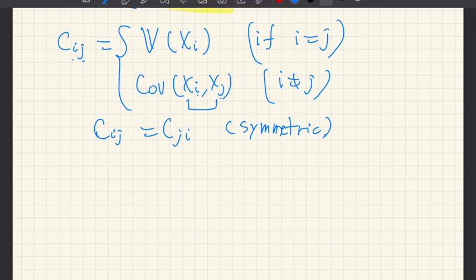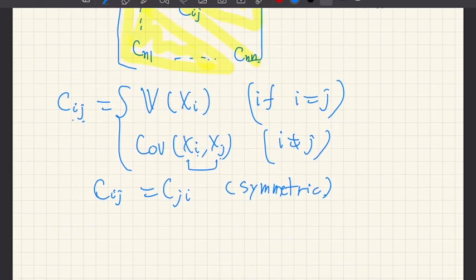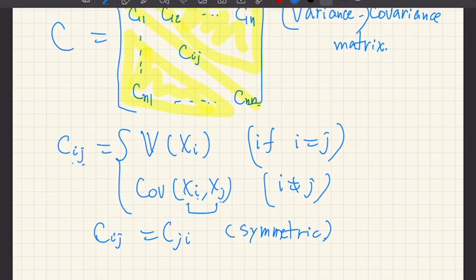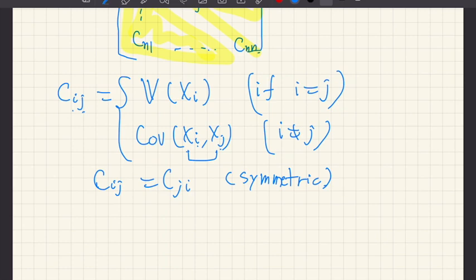And there is one more important property of the covariance matrix. It is positive semi-definite. Semi-positive or positive semi-definite, I don't know.